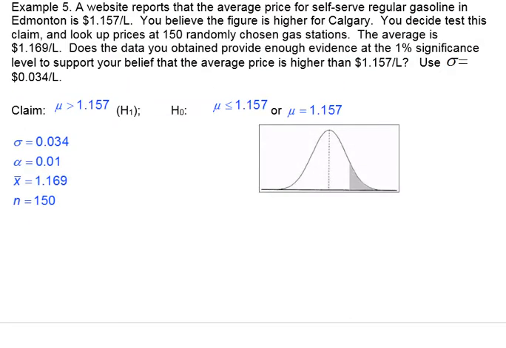Oops, didn't mean to make the question disappear. So again, we know our standard deviation. We're going to calculate z. And that's going to work out to be a fairly large test statistic of 4.32.